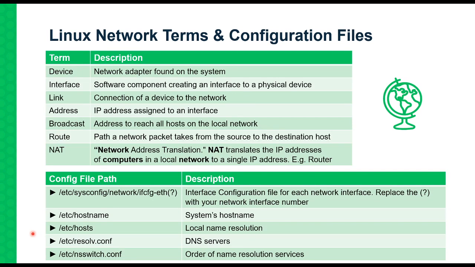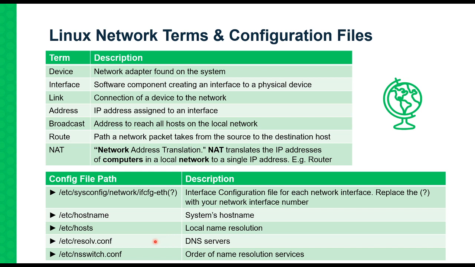Next, we have our DNS server. That's our domain name system. This is utilized to also resolve IP addresses should the query to a name resolution not come from our host file. The DNS server will also aid us in resolving our names into IP addresses.